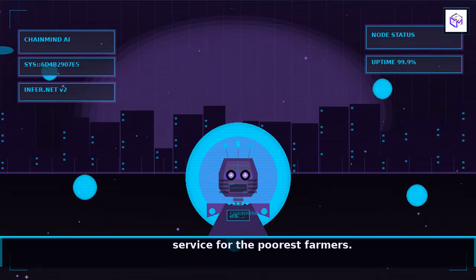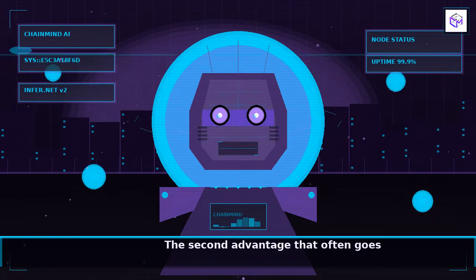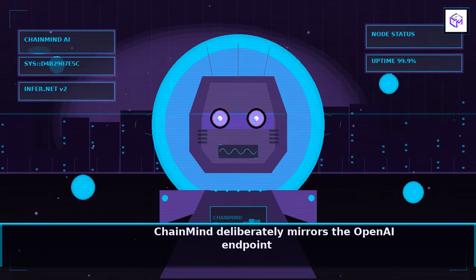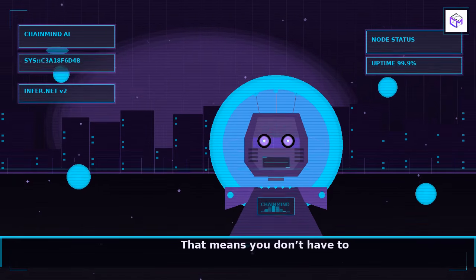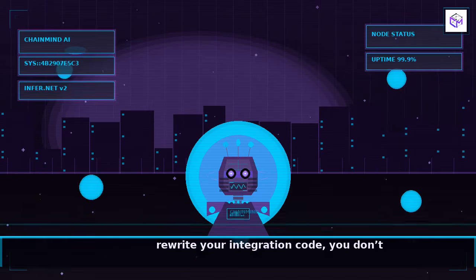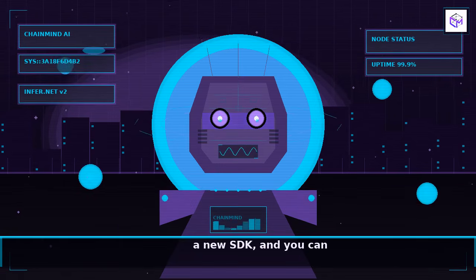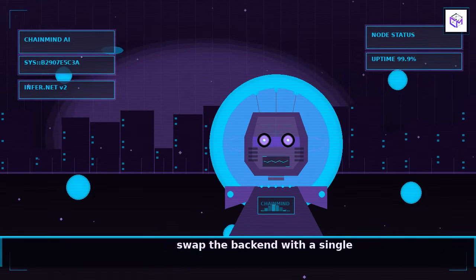The second advantage that often goes unnoticed is the OpenAI-compatible API. ChainMind deliberately mirrors the OpenAI endpoint structure, request formats, and response schemas. That means you don't have to rewrite your integration code, you don't have to retrain your team on a new SDK, and you can swap the backend with a single line change in your configuration file.